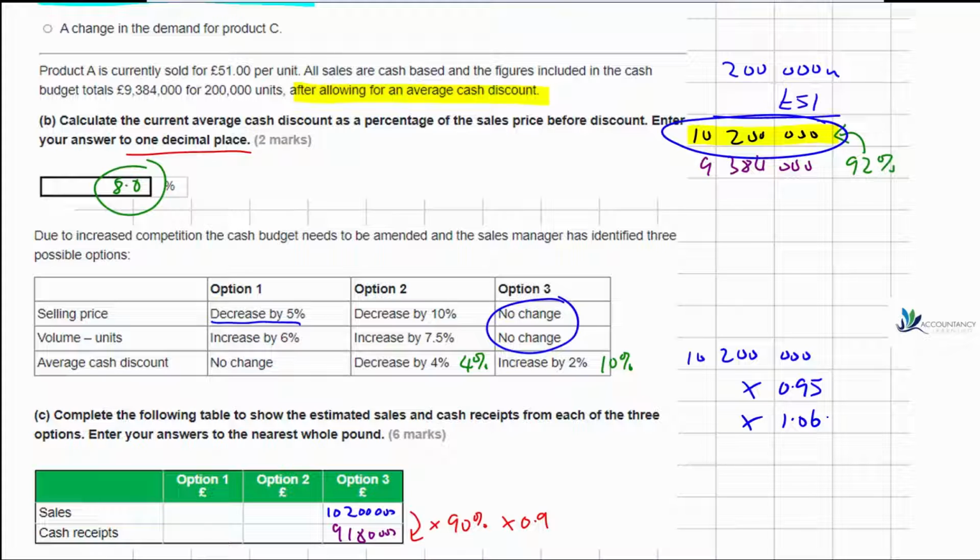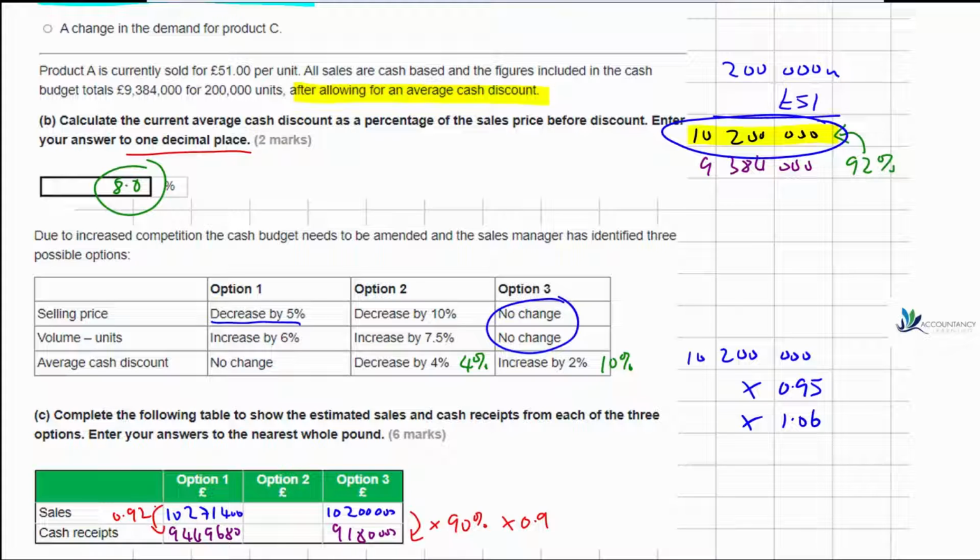And so that gives us a total expected income of 10,271,400. Now remember, we're giving an 8% cash discount, so we multiply by 92%, and that will give us our 9,449,688. So remember, we're applying an 8% cash discount here, so we're multiplying by 0.92.